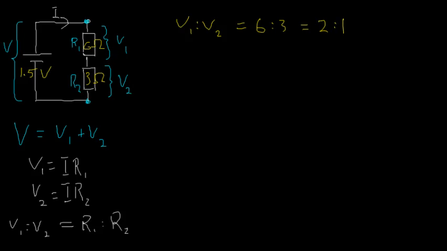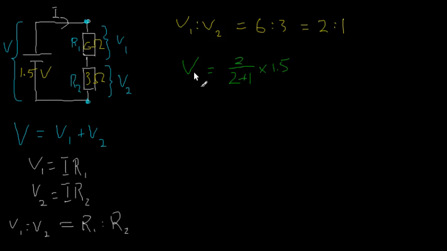So it's like if I have $1.50 and I divide it between two friends in the ratio 2:1, how much would each of my friends get? My friend V1 would get 2 out of the 3 parts, so 2 over 2 plus 1 times 1.5.